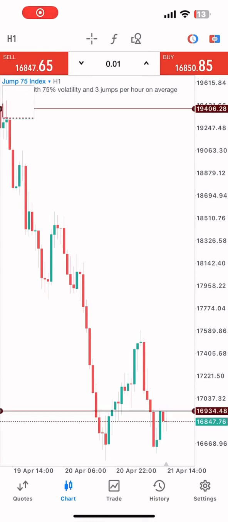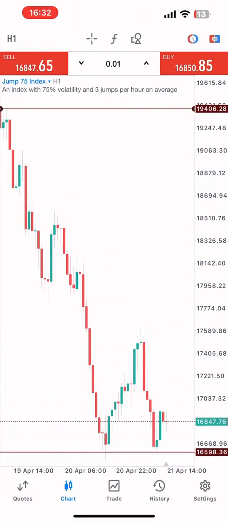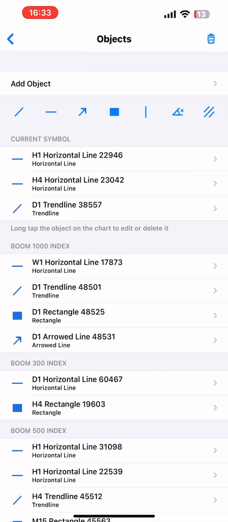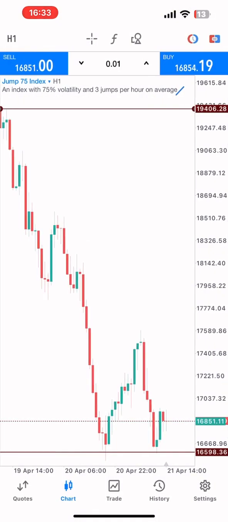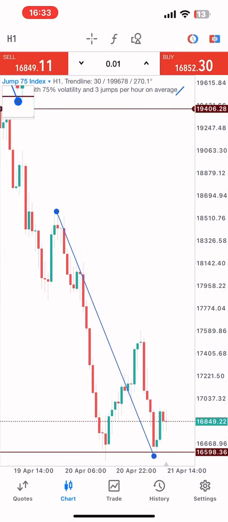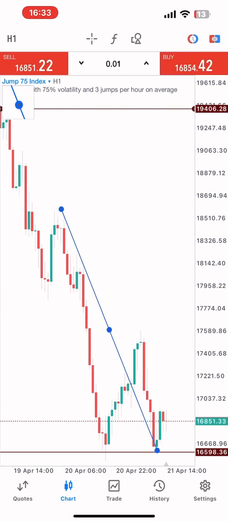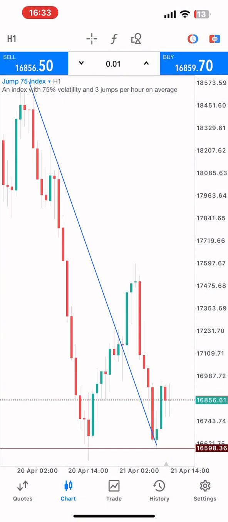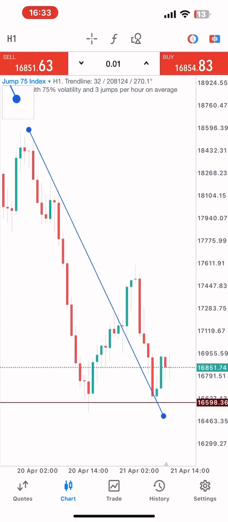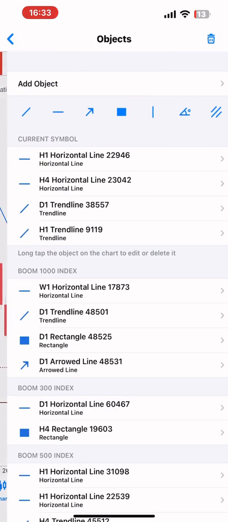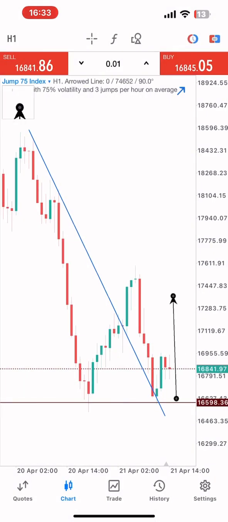So after hours and hours of waiting for another setup, I came across Jump 75, and it seems like there's a good buying opportunity, right? You can see the way I drew my inner trend line connecting the peaks. I was supposed to enter this trade on the intersection of the trend line and the horizontal line.